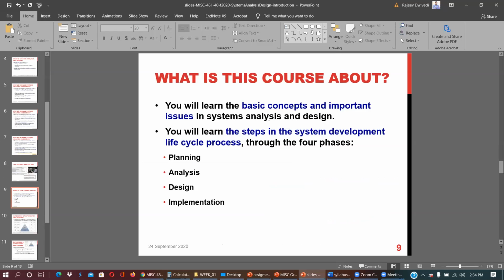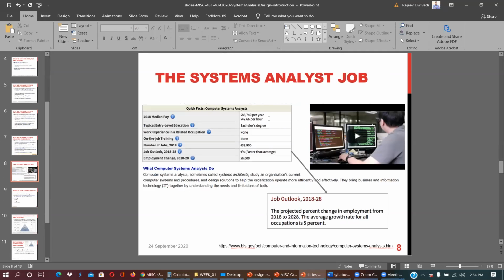And believe me or not, this field is never going to be saturated. Some people say there are no jobs in manufacturing, or no jobs in this sector or that sector. But there are always jobs in the IT field, because of the kind of changes taking place in the information technology and software sector.